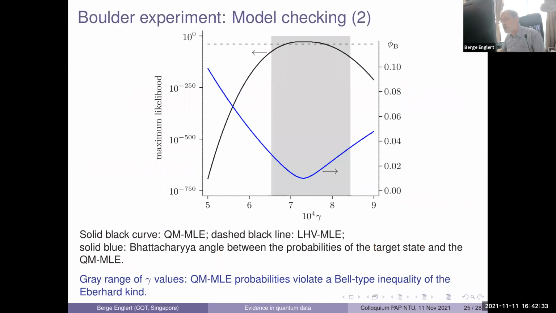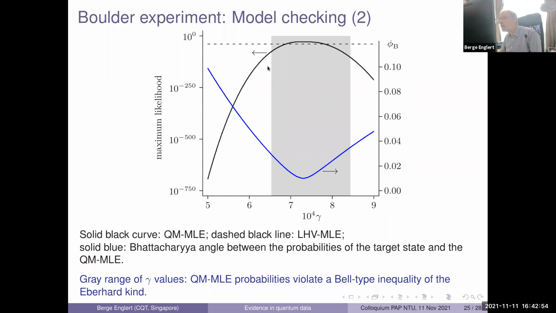Okay, so now let me say a little bit more about this. If you look at the value of gamma, then the black line is the so-called maximum likelihood estimate for your likelihood.